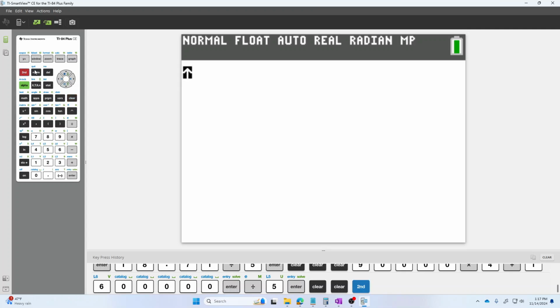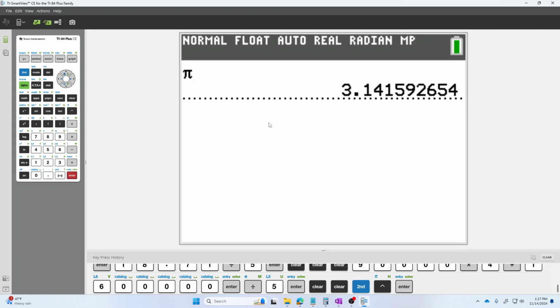And after I hit the second button, if I hit the exponent button where the pi is right above that, then that will type pi into my calculator, and if I hit enter, it'll get me pi with loads of decimal places. So if I want pi with 6 decimal places, I could do 3.14159, and I would just leave it at 9 because 2, the next digit, is very small.